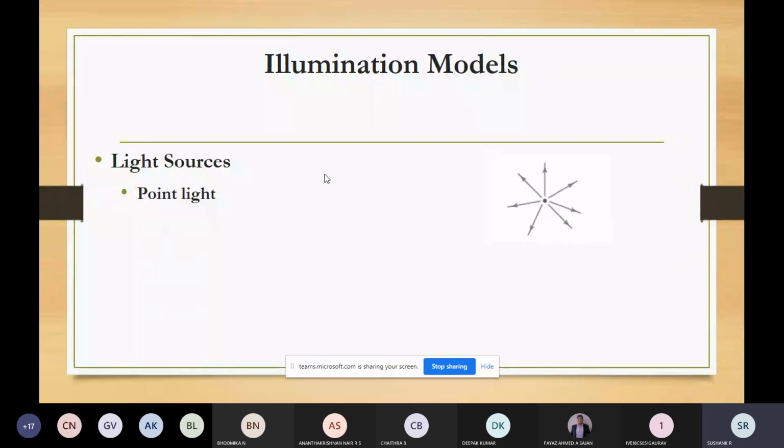Before talking about the color models, we are studying the light, the properties of light, and the effect of that light on the objects. Basically, there is a scene, for example, some images, some pictures in a frame.